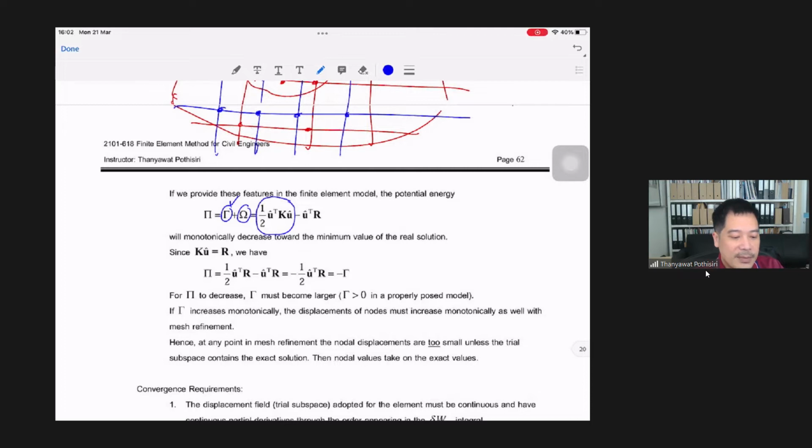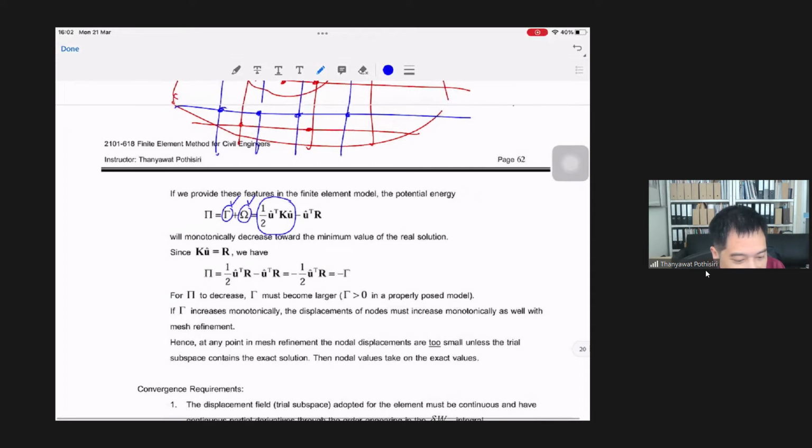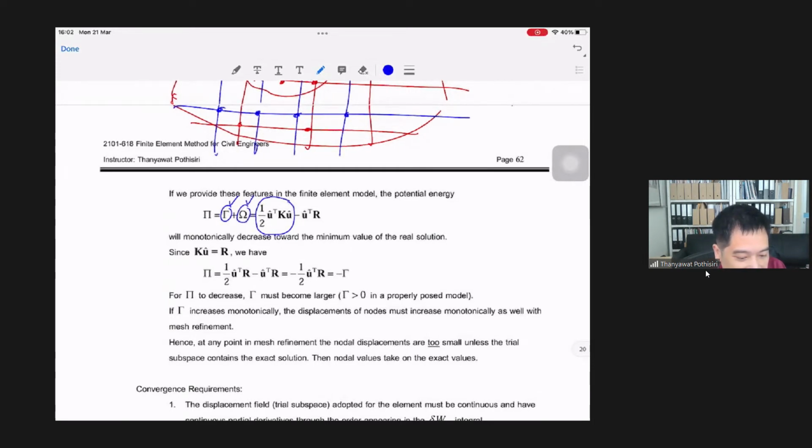And the second term is the work done through the external forces. So you can compute this work through something like this. So this is the second term.